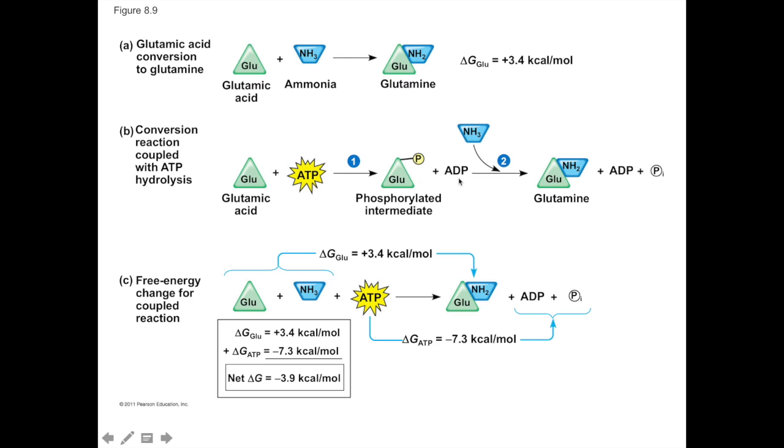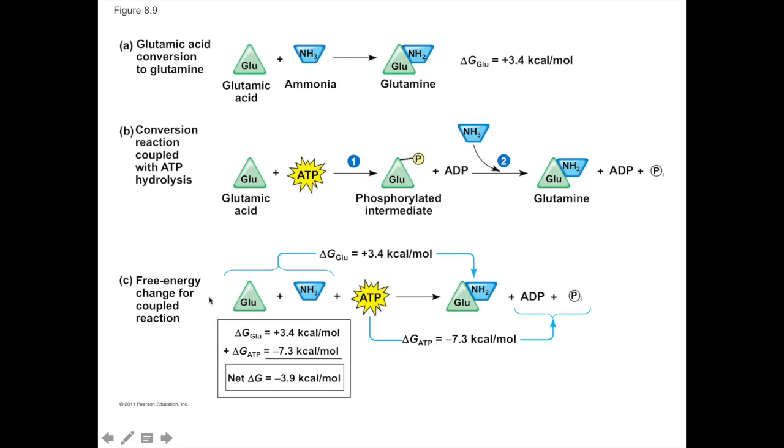We release ADP, and then we add the ammonia in, and we get glutamine. So how does this work? It works in this way. The delta G, or the release of energy from ATP hydrolysis, is negative 7.3 kilocalories per mole. So it's a very strong release of energy.